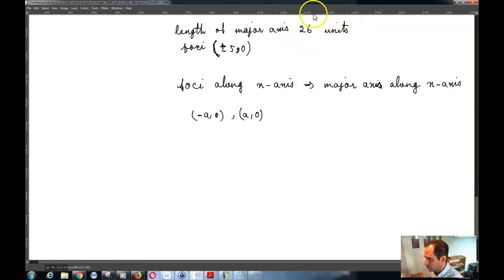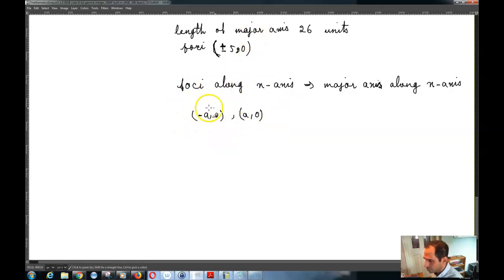So 26 divided by 2 will give you the value of a, because if you calculate the distance between these 2 points, you will get the value of a.